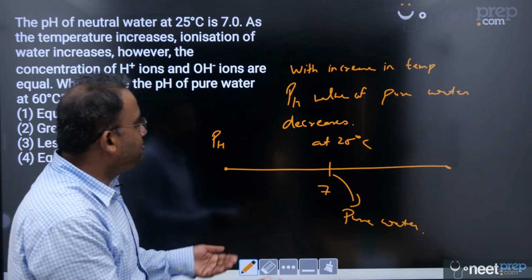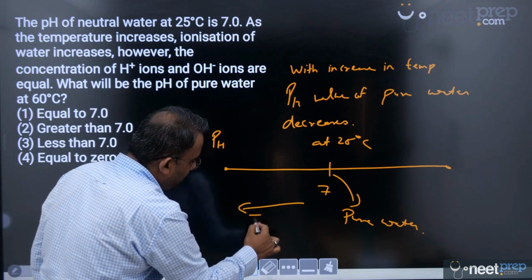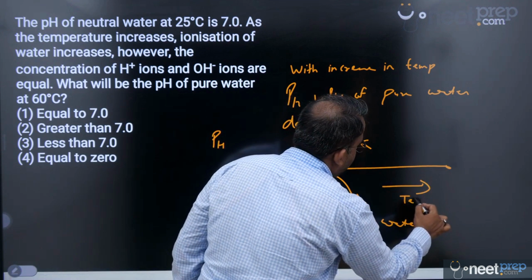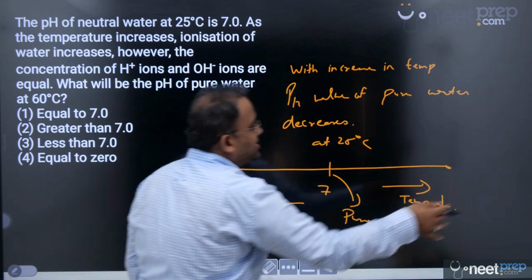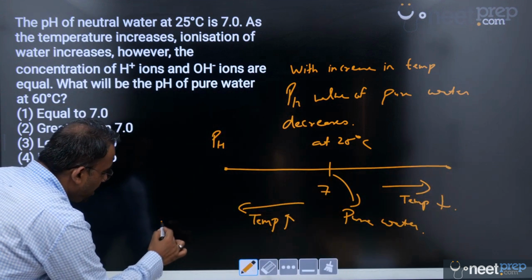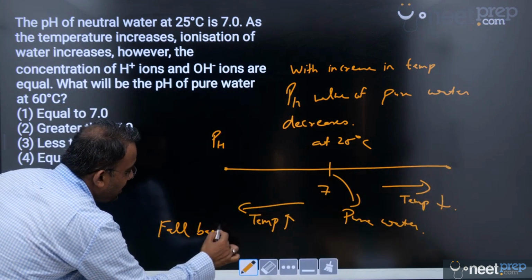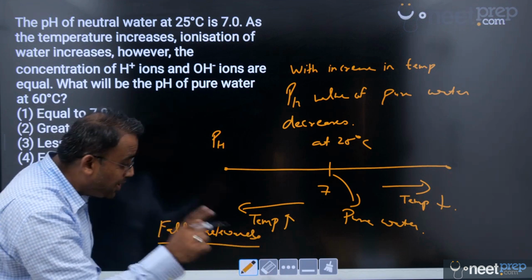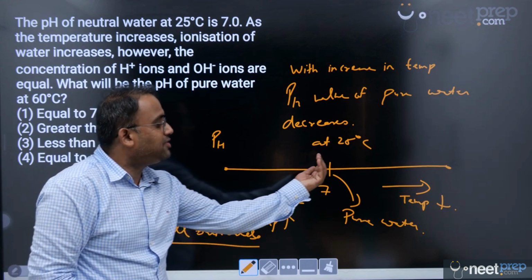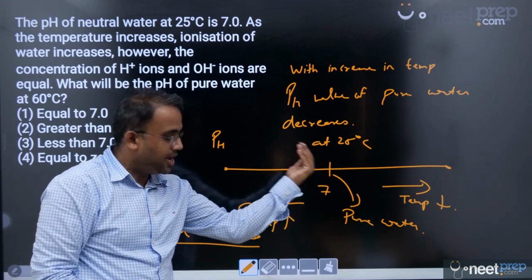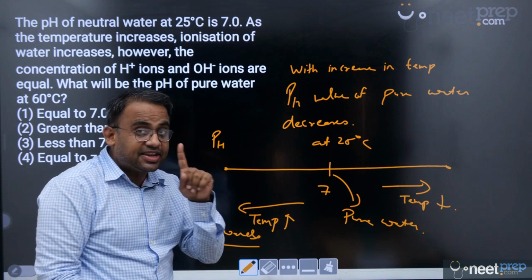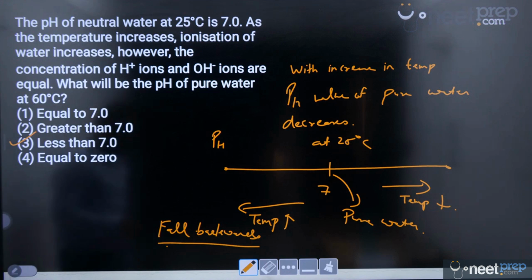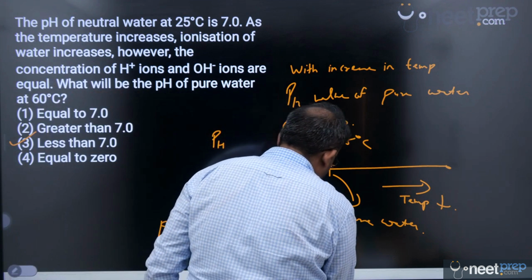Now if I decrease temperature, pH value will shift here; with increase in temperature, and with decrease in temperature, pH value shifts to that side, becomes greater than 7. So I can say fall backwards. Remember these two words. With increase in temperature, pH value falls backwards. It comes to this side with increase in temperature. So it is going to be less than 7. So the third option is the best option as far as this problem is concerned.